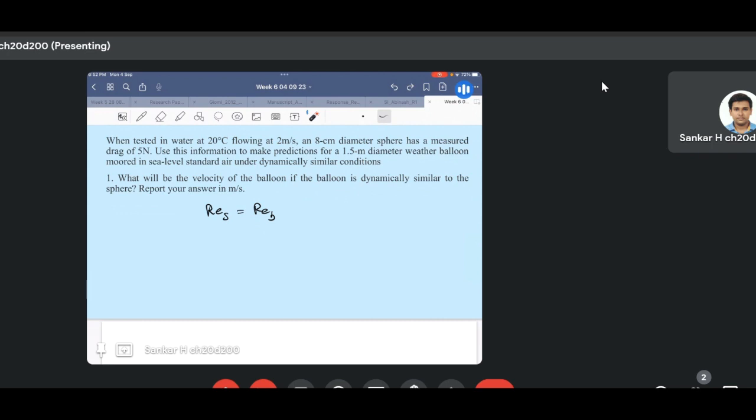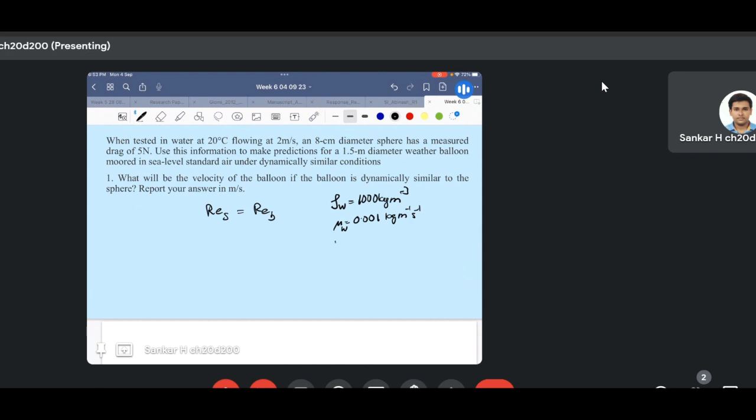But we have to understand that the 8 centimeter diameter sphere is tested in water at 20 degrees Celsius, and therefore we'll make that note. Water is roughly 1000 kilogram per meter cube. Viscosity is 1 centipoise, which is 0.001 in SI units, which is kilogram per meter second.